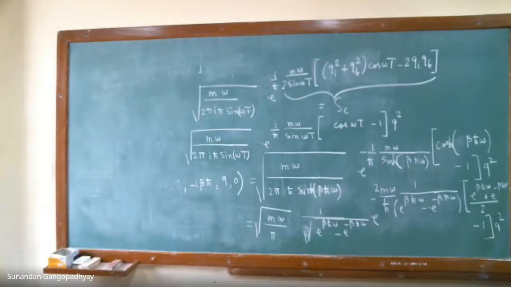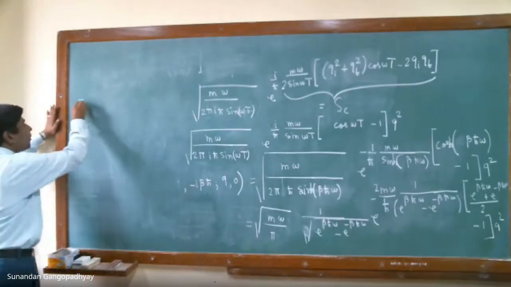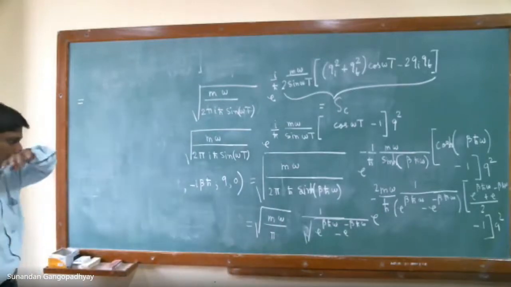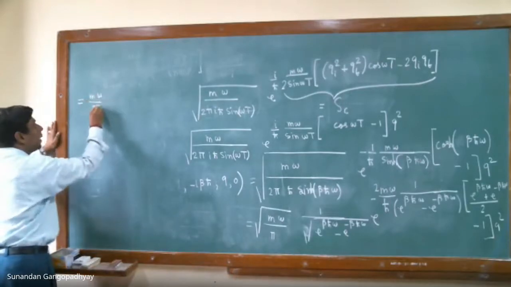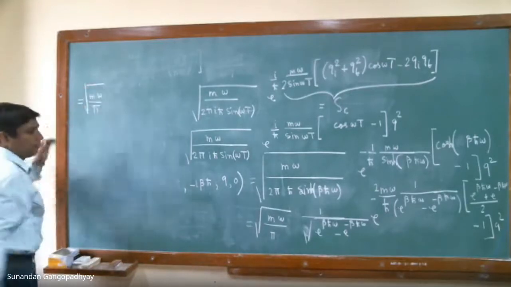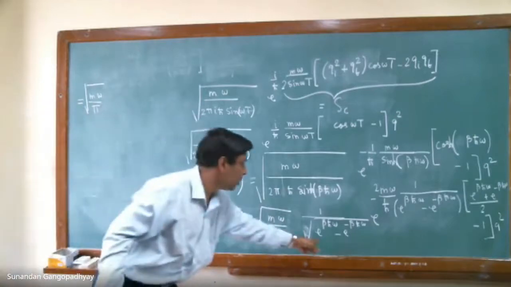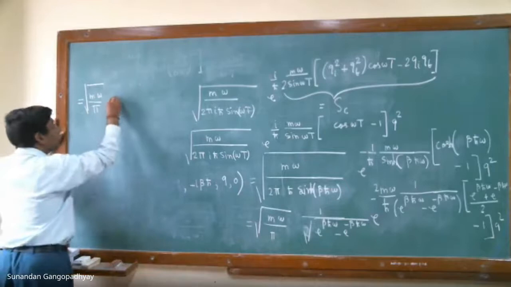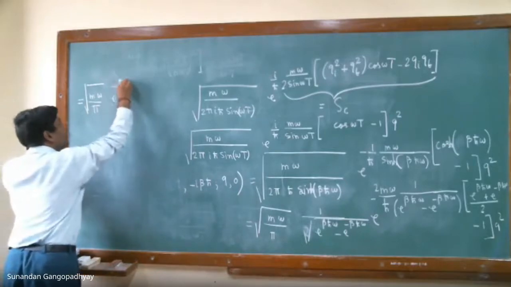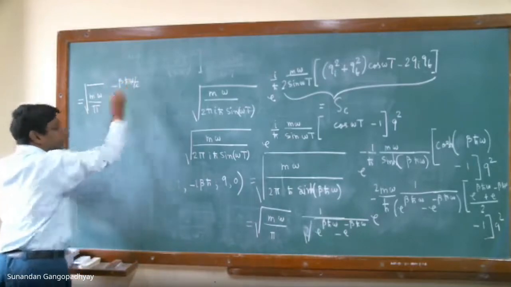Okay. So now this will be equal to m omega by pi square root, and you have e to the power of beta h bar omega, so that I will take common. So this will become e to the power of beta h bar omega by 2. Okay?